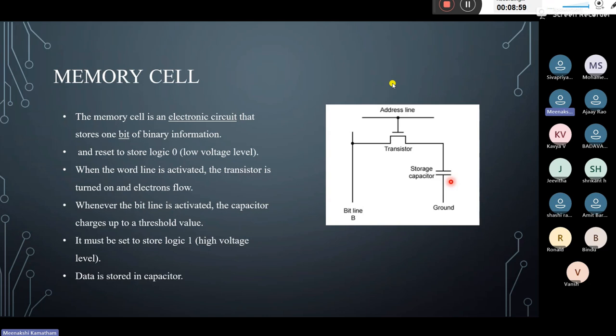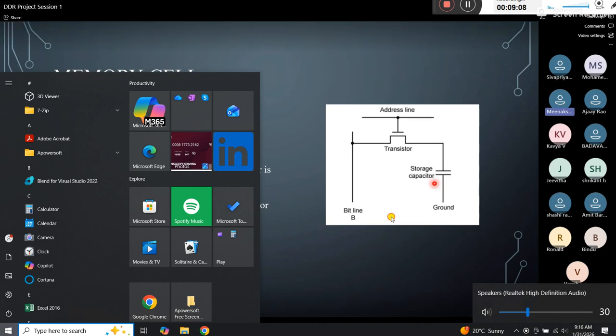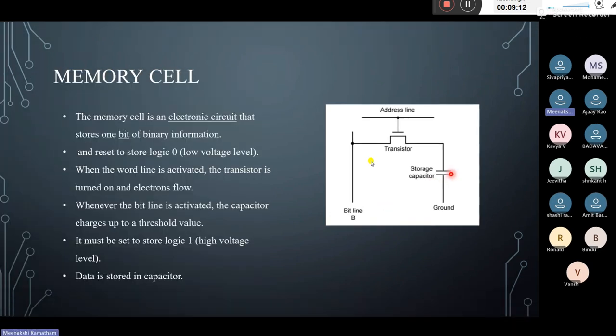For example, if the threshold voltage of this capacitor is 3 volts, from 0 to 3 volts it keeps storing the data. After 3 volts it needs to discharge the data.